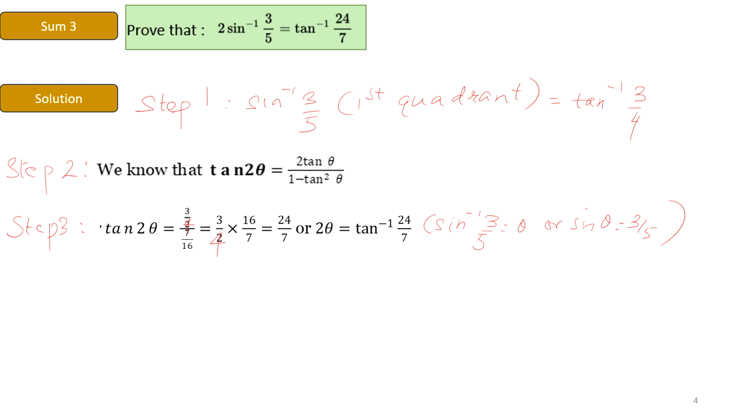Replacing theta with sine inverse of 3 by 5, which was our original assumption of theta, we get at the end of step 4, 2 sine inverse 3 by 5 is equal to tan inverse of 24 by 7, and hence proved, LHS equals RHS.